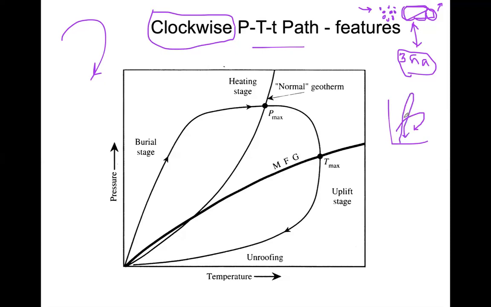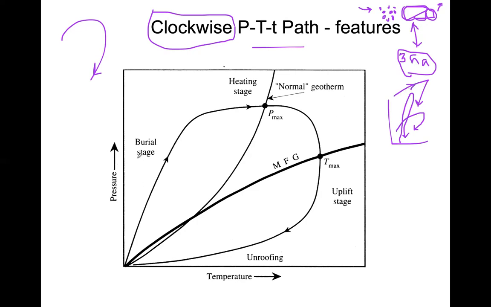So in all these situations you experience a clockwise path, not anti-clockwise, because you must have temperature increase and then decrease. So it is always clockwise. Right? That's why you see most common PT paths in clockwise direction.